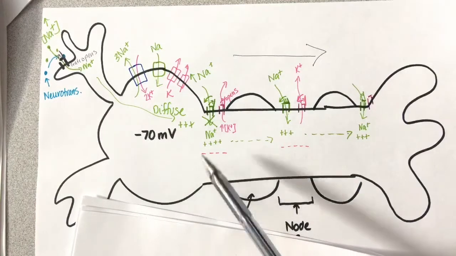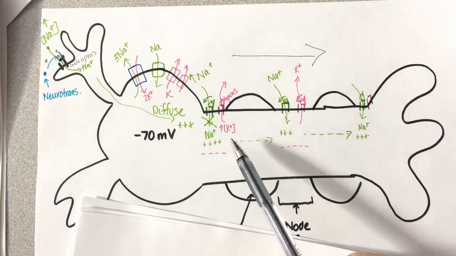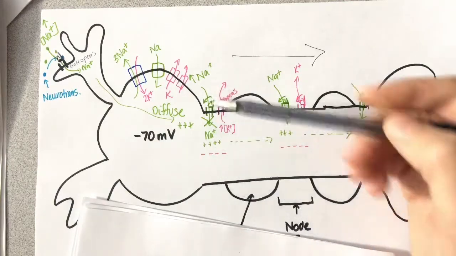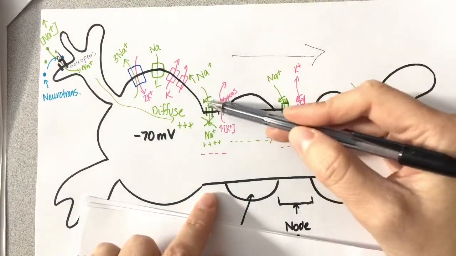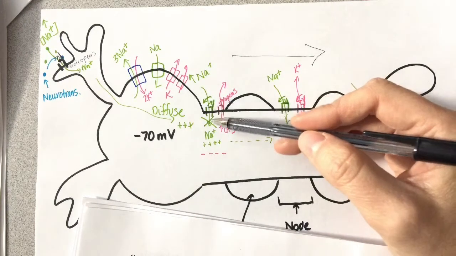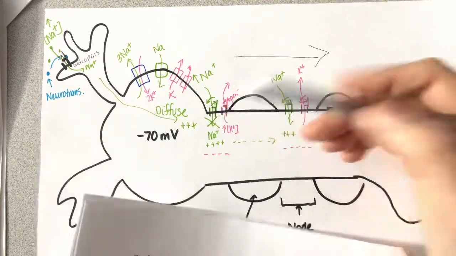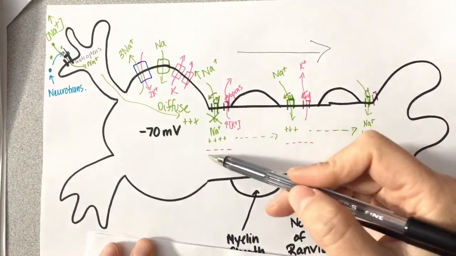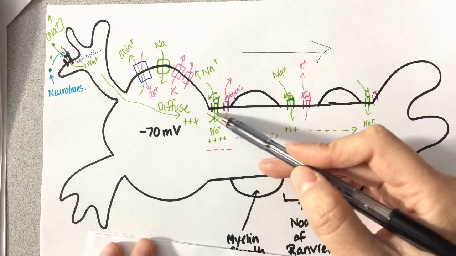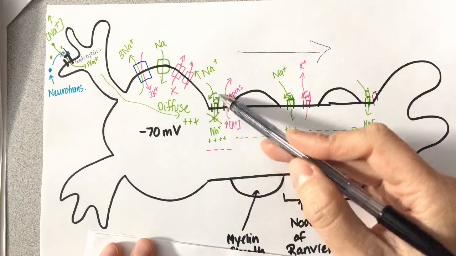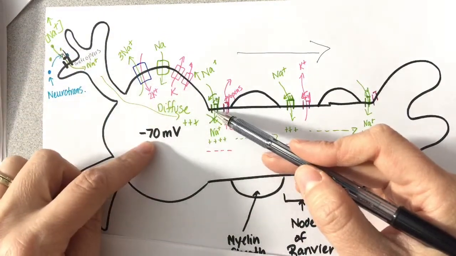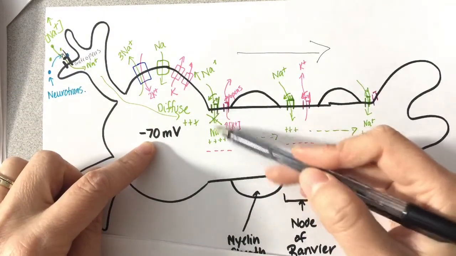So what prevents it from going in the opposite direction is something about the sodium gates. The sodium gates actually have 2 gates on them. They are inactivated when it's negative 80 millivolts; there's an inactivation gate, so they can't open. It doesn't matter if you receive another stimulus. If it's at negative 80, it's not going to work.